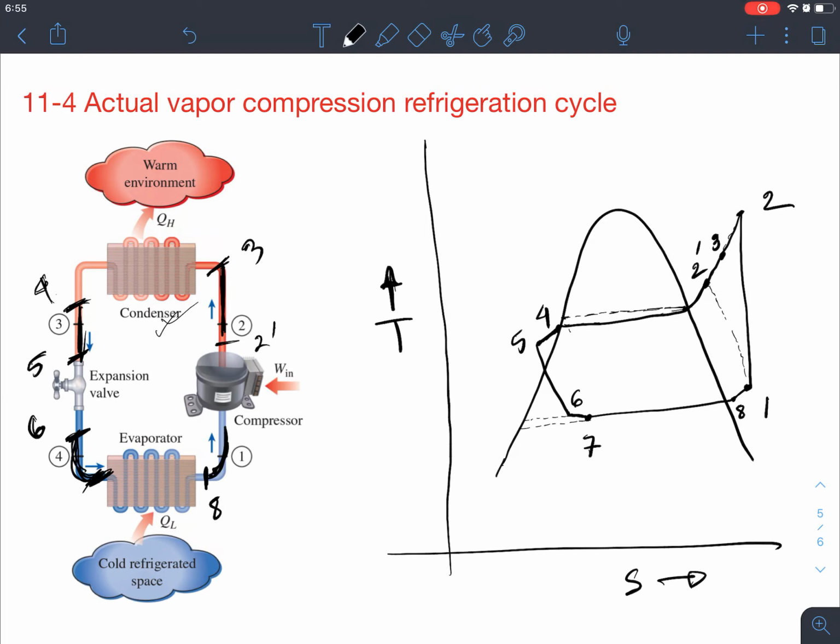The compression is not completely isentropic, and the heat rejection is not at constant pressure. This is the heat rejection QH, and this is the heat addition QL. The heat addition is also not at constant pressure, so there is a slight pressure drop in the heat rejection and the heat absorption processes.